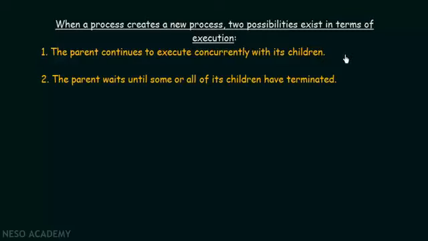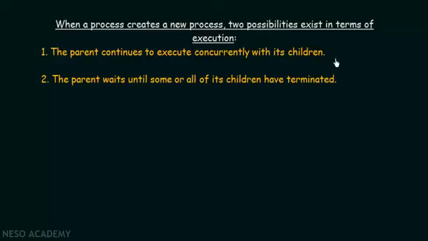So when a process is created by another process, we have the parent process and the child process or the children processes. When the execution takes place, it is possible that the parent continues to execute concurrently with its children. That means along with the execution of the children, the parent process also will be executing concurrently, or at the same time they are executing.